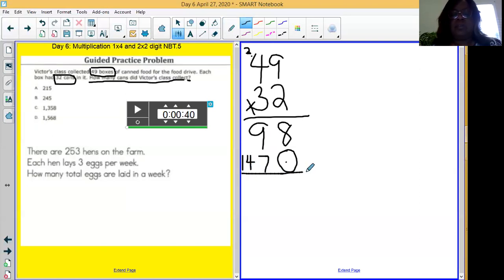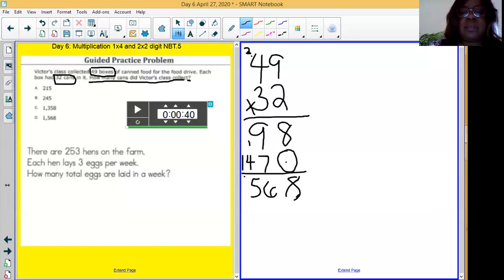And I'm going to add the 2 together. I know 8 plus 0 gives me 8. 9 plus 7 gives me 16. Put down my 6, here my 1. 1 plus 4 gives me 5. And then there's 1. So my answer is 1,568. That's my strategy using the algorithm.